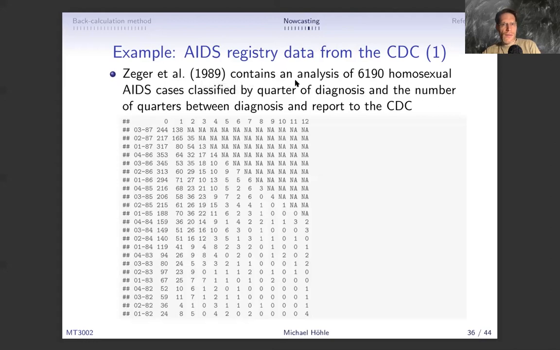It contains an analysis of about 6,000 MSM, so men who have sex with men, and they are classified by quarter of diagnosis. So each year is divided into 4 blocks, January, February, March is the first quarter, and so on. And then here we have the number of quarters between the diagnosis and the report to the CDC, right?